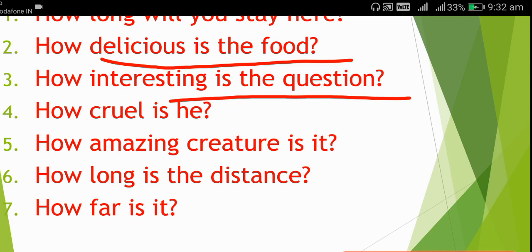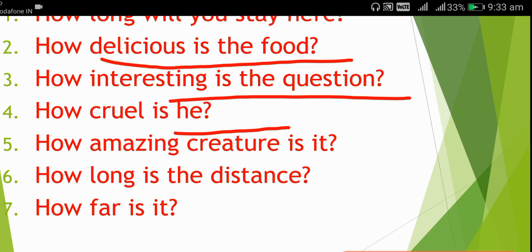How cruel is he? If you find any person very cruel, वह कितना निर्दयी है. You use how cruel is he. So this kind of sentences start with how to talk in English, how to pronounce, how to use.